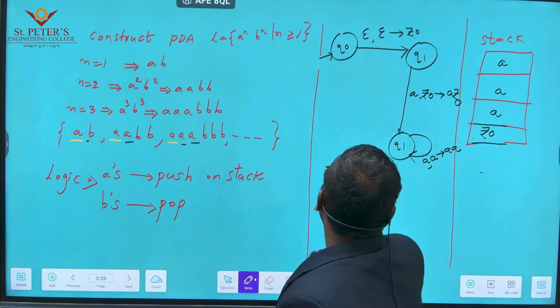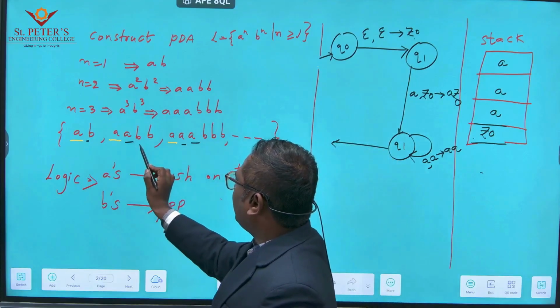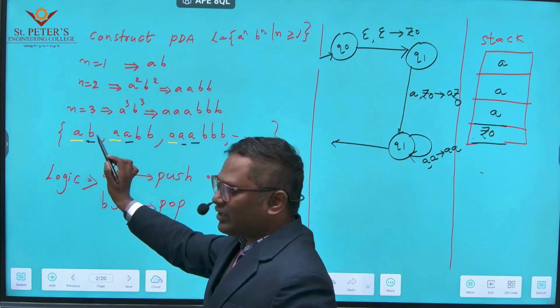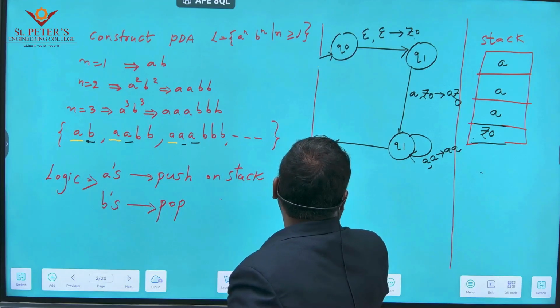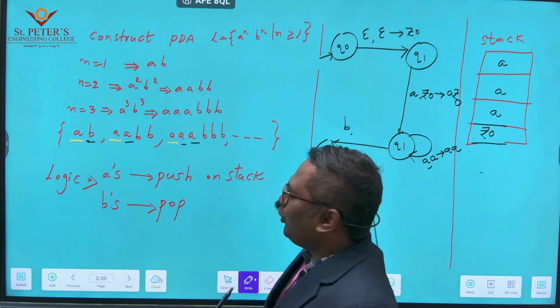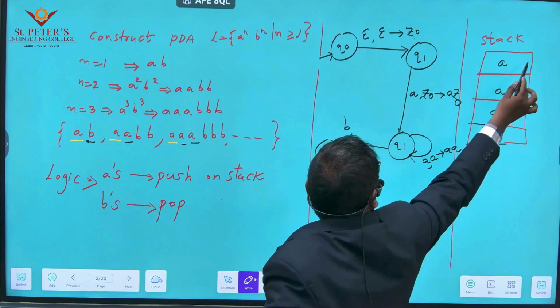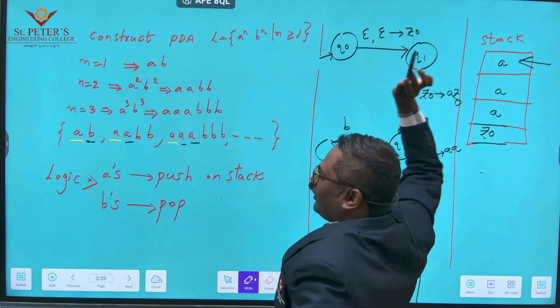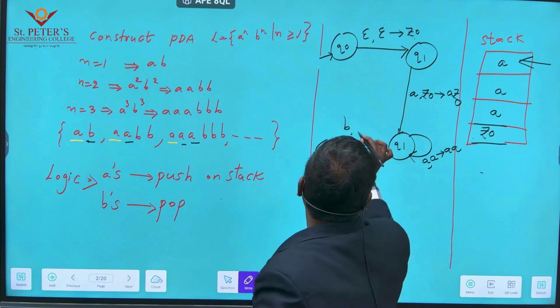Now, at a certain point of time, the first B will occur. Here the first B is occurring. On the top of stack, A's will be encountered.